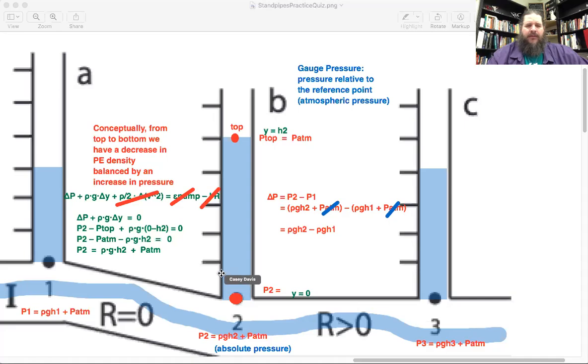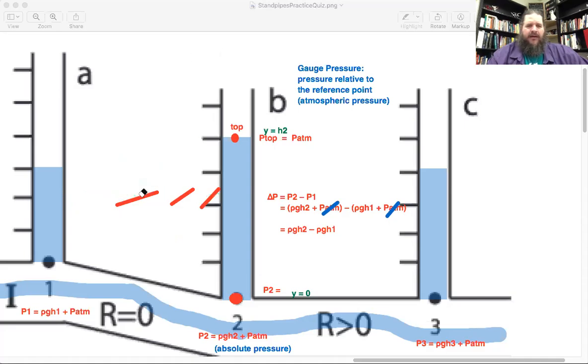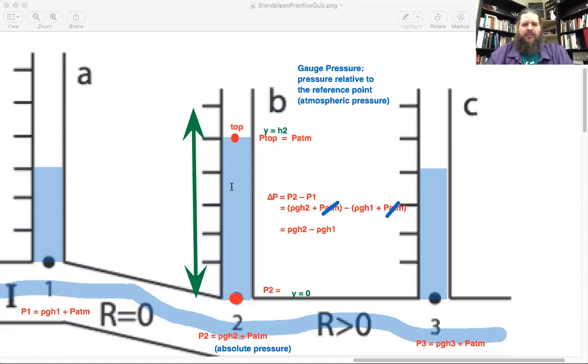For example, let's say we actually run the calculations here. Suppose we are dealing with this standpipe and we measure it, and let's say each one of these marks is a centimeter. So let's say this is 5 centimeters. In that case, we can calculate the pressure by taking density times gravity times H2. And what's the density of water?